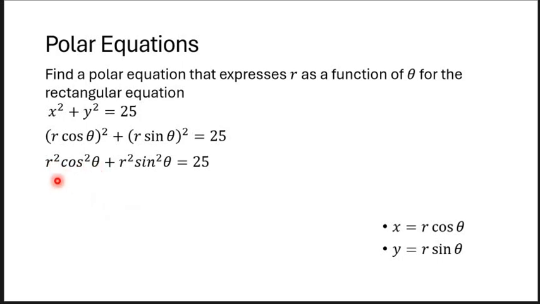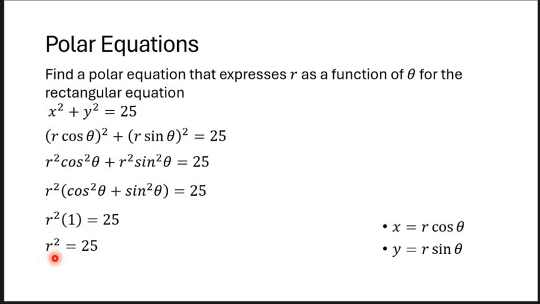Now I'm going to factor that r squared out, just like I was doing before. So I factor out the r squared, leaving just the cosine squared of theta plus the sine squared of theta. But that, by the Pythagorean identity, is just equal to 1. Cosine squared theta plus sine squared theta, that's just 1. And then r squared times 1 is just r squared.